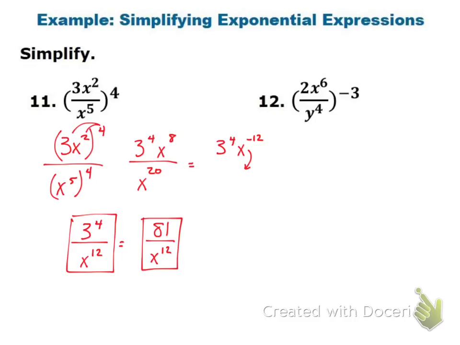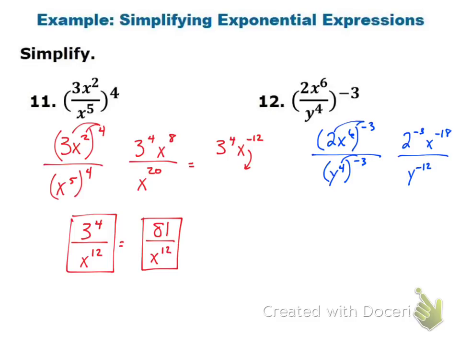Same thing with this second one. I'm going parentheses 2x to the 6th to the negative 3rd power over top of y to the 4th to the negative 3rd power. And so what I can do is share this exponent between the top and the bottom. So I get 2 to the negative 3rd, x to the negative 18th, and then y to the negative 12th.